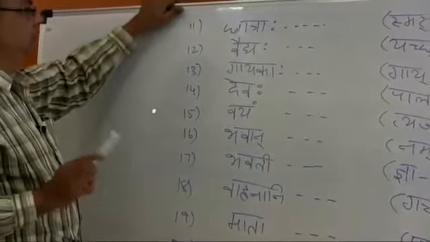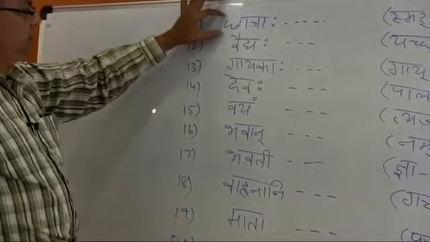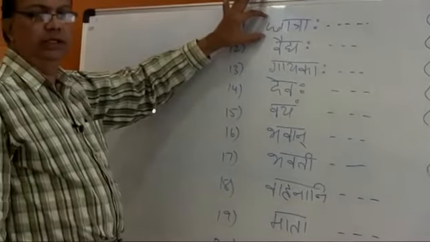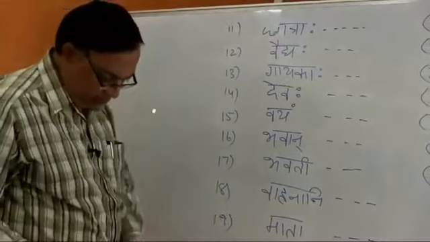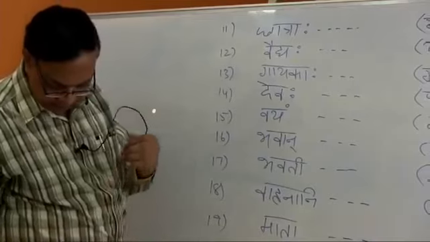Now, as I told you just now, in the first instance, what is this word? Chhatraha. It is third person plural. So immediately convert the verb into third person plural.